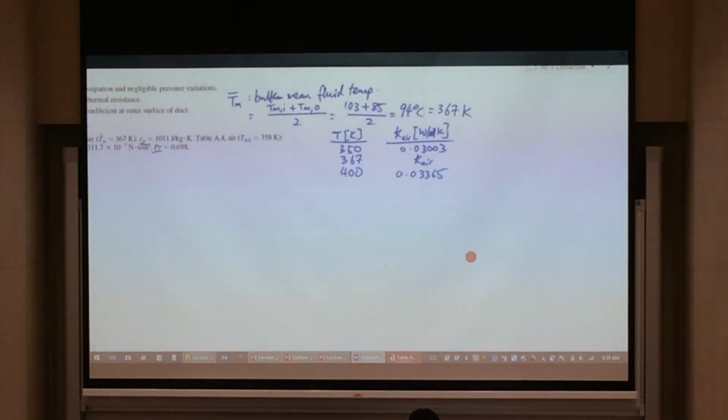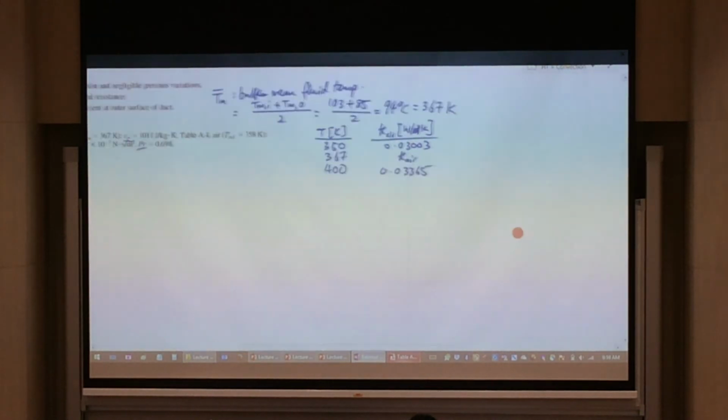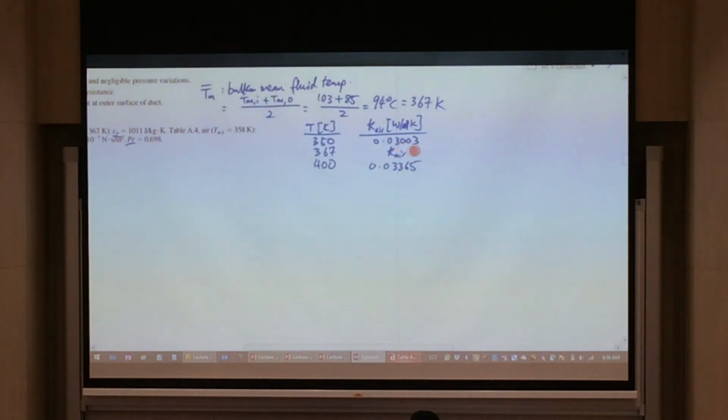Last lesson I said interpolation is a mathematical thing you should know, but I realized that maybe you don't know. So no problem, I'll walk you through. For interpolation, normally you look at this part here as unknown. This one is known already, 367. That's what you want to interpolate. So you write Kf multiplied by this smaller number, and then divide this by taking the larger number minus the smaller number.